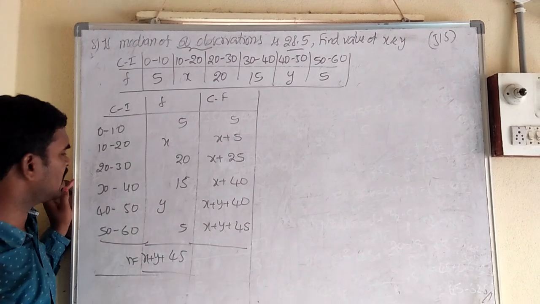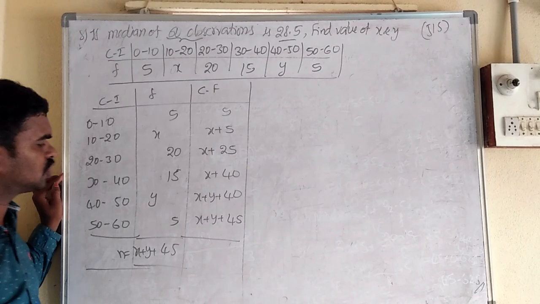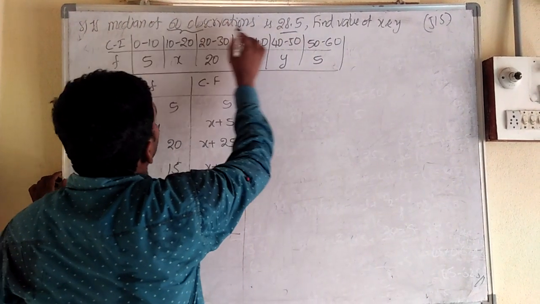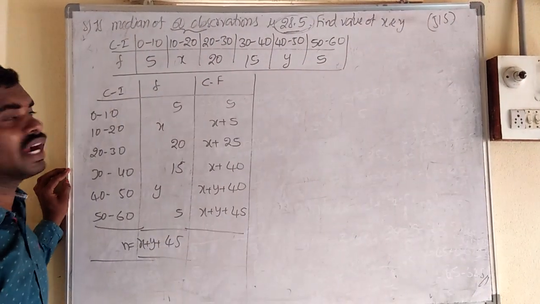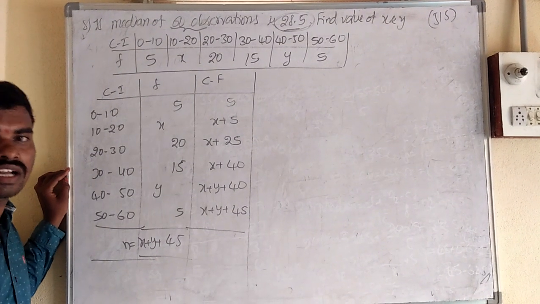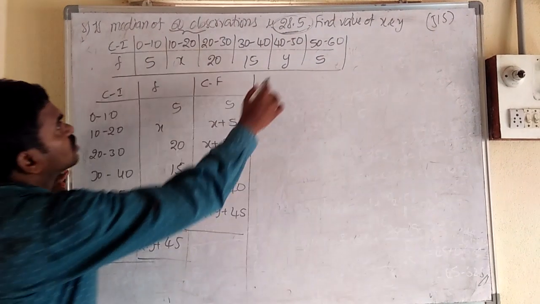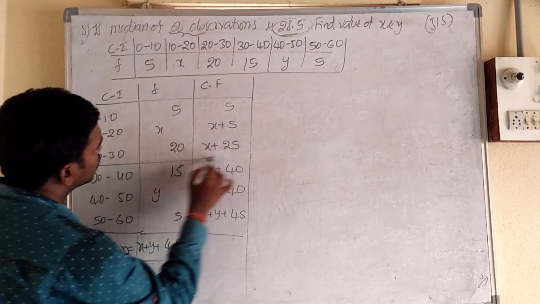In this, how can we find the median class? Because there is no possibility of dividing by 2. But it is given that the median of the 60 observations is 28.5. So we have to search for 28.5 in the class intervals, because the answer can always be seen in the class intervals. So where is 28.5? 28.5 is in between 20 and 30.